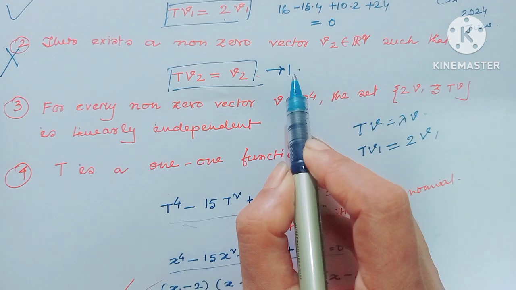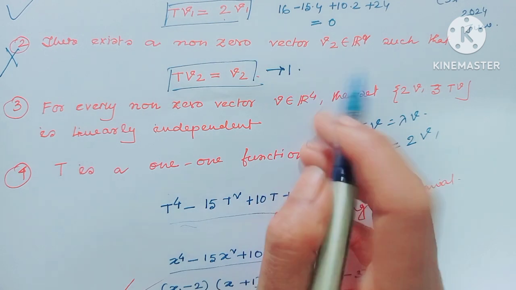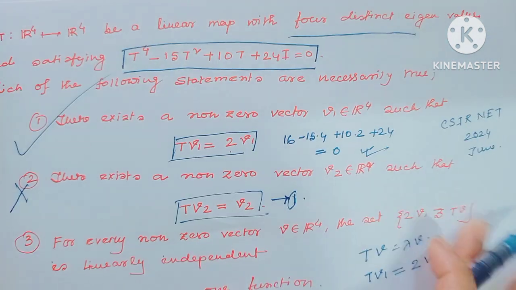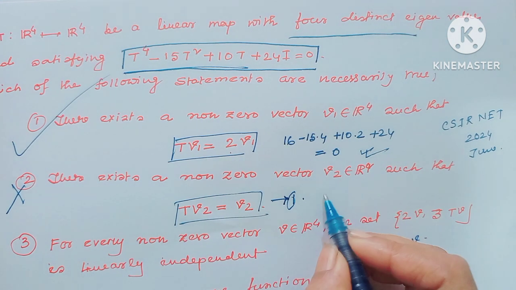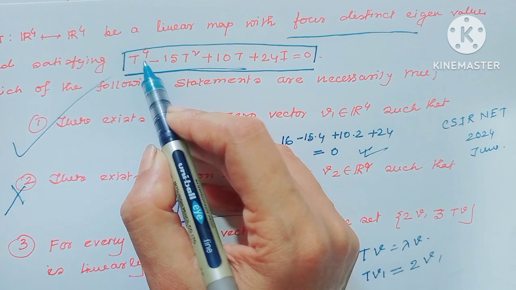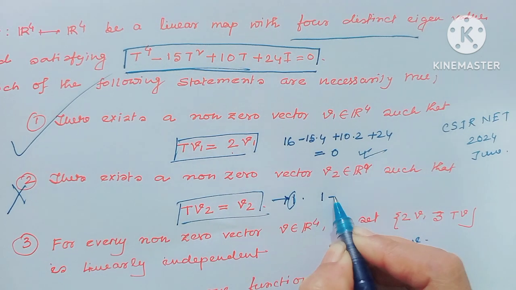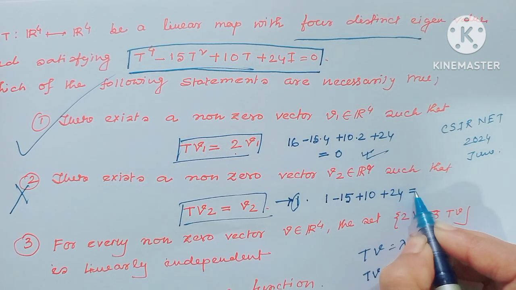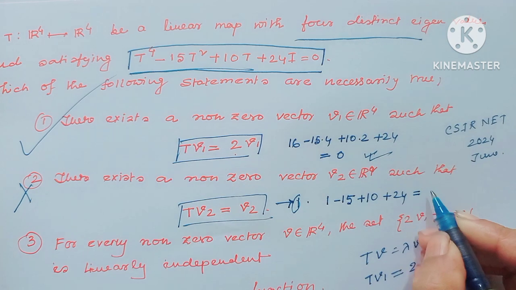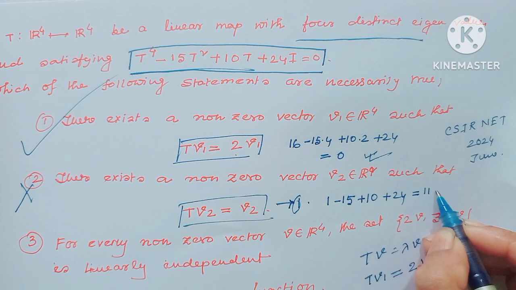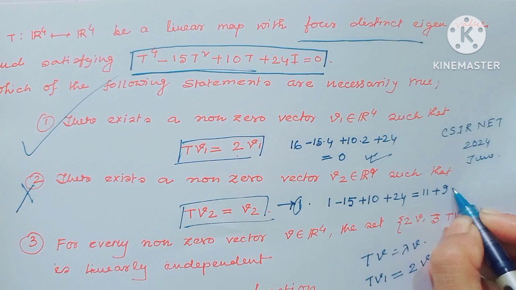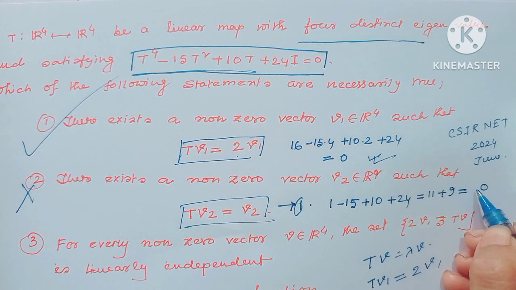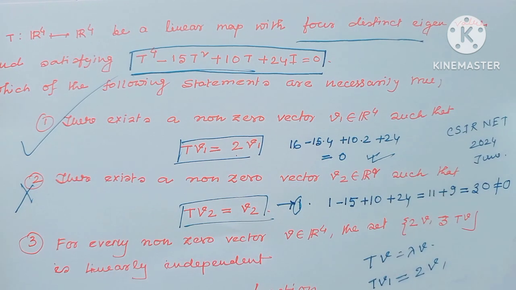Also, if we consider 1 as the eigenvalue, then obviously 1 would satisfy this polynomial. But notice if we put this value here, 1 minus 15 plus 10 plus 24, this value would be 11 plus 9, which cannot be equal to 0.